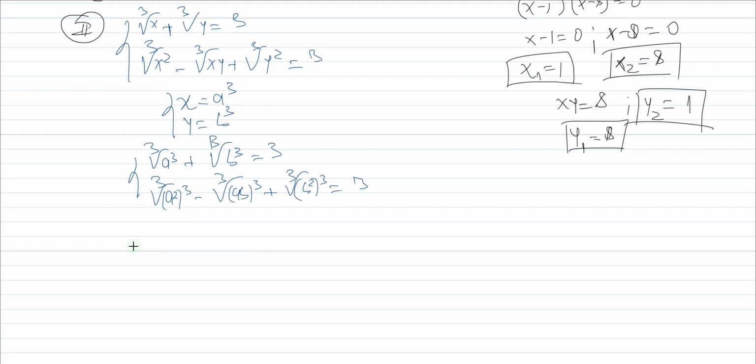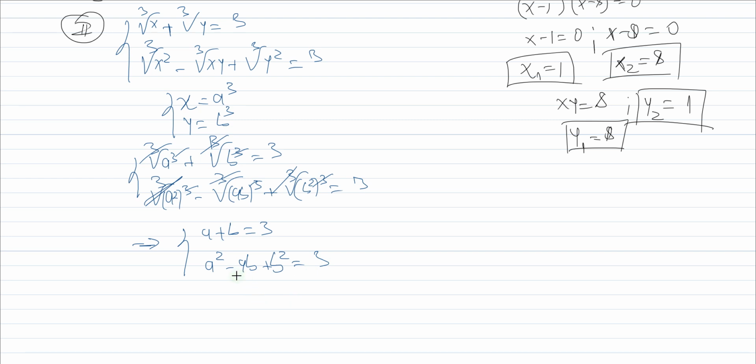So now our system is going to be: this goes with this and this with this. We're going to have a plus b is equal to 3, and then a squared minus ab plus b squared is going to be 3.